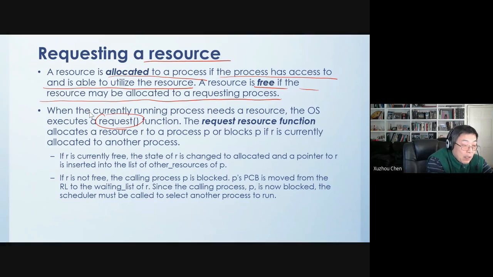This is the request resource function: allocate the resource R to a process P. This can block P. So P will be blocked if R is currently allocated to another process. That means P is blocked if P is in the waiting list of this particular resource, whether it's a printer, a scanner, or another hardware device. Okay.